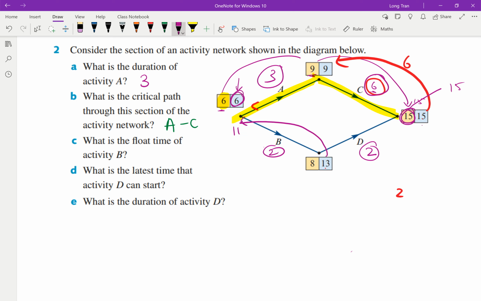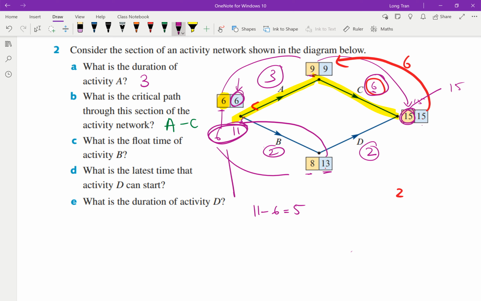That's the latest start time. Or we knew that it could start at 6. So 6 add the 2 gives you 8, right? And 11 plus 2 gives you 13. So what is the float time? Well, between 6 and 11, clearly the float time for B is 11 minus 6, which is 5.